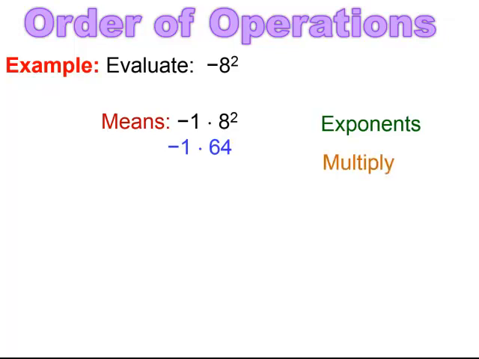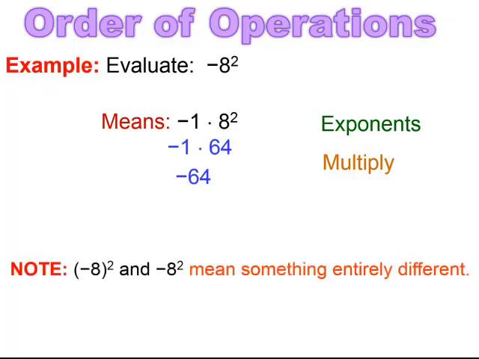So you see that we end up with a negative 64 when there's no parentheses around the number. So be really careful noticing the difference between when there's a parentheses and an exponent and when there's no parentheses and exponent. They mean two different things. So it's very important to make sure that you're using order of operations for even small evaluation processes like this.